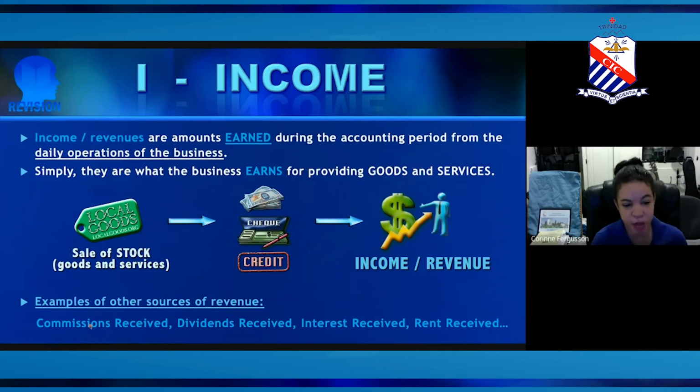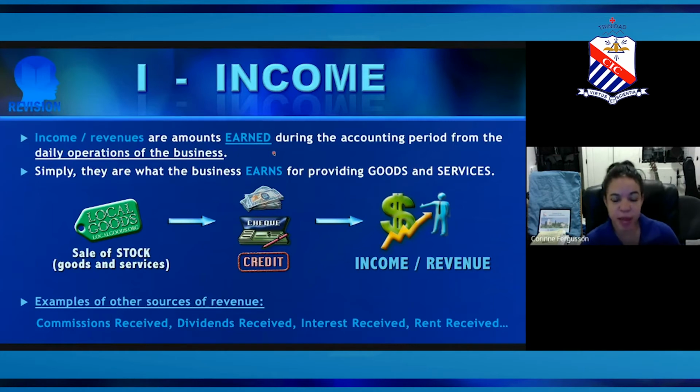For example, when we were doing the income statement, you realize all the receives: commissions received, dividends received, interest received, rent received. Once it's received, that was your income. You identify that as income in terms of your ALICE. And all of this is the amount that is earned, even if we have not received that money as yet.